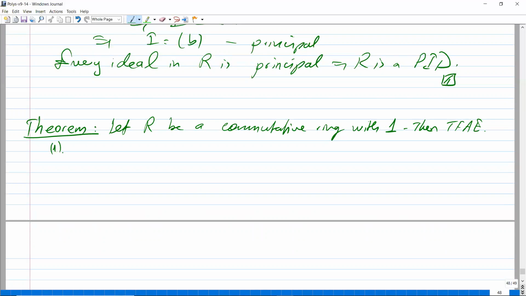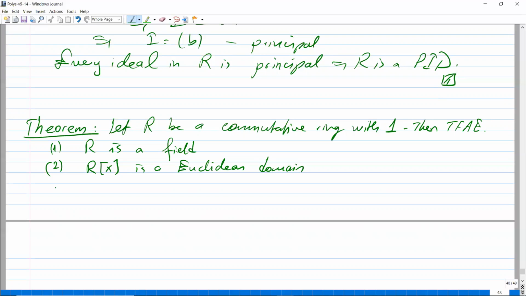The first one is R is a field. This will be a very useful theorem. And second, R[X] is a Euclidean domain. And third, R[X] is a principal ideal domain.